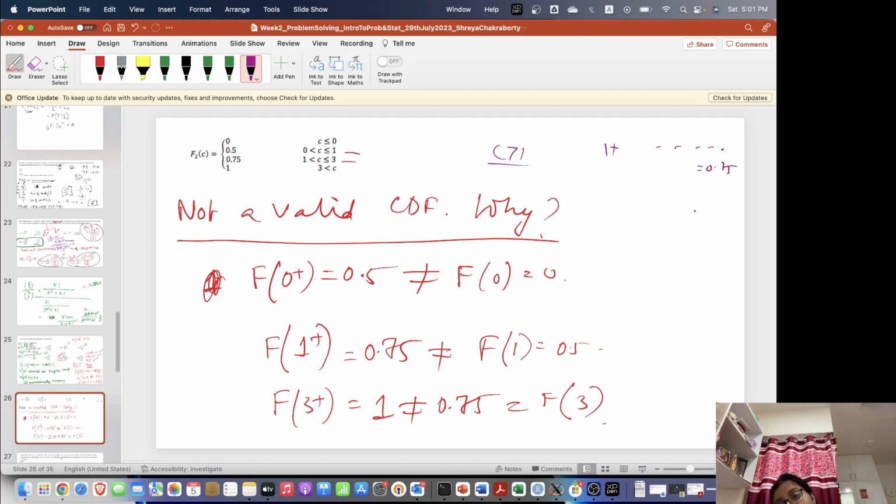If you take even smaller, epsilon even closer to 0, then also we'll land up at 0.75. So from the right hand side, on the real line, however close you go, if you are not able to reach the value of the function defined at that point, then it is not right continuous.